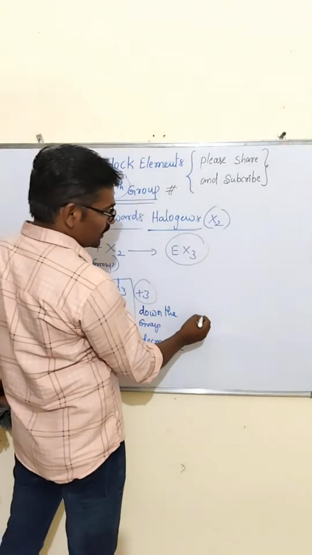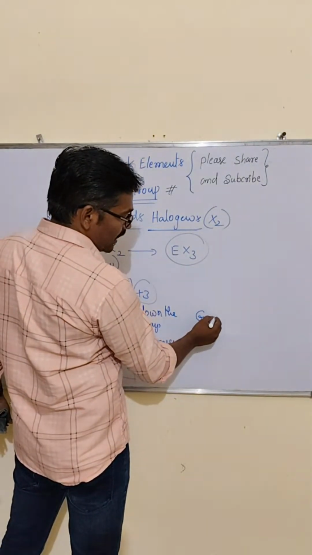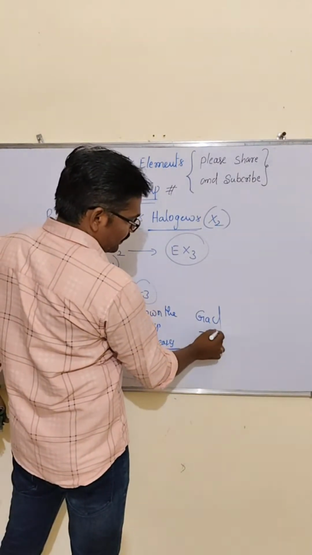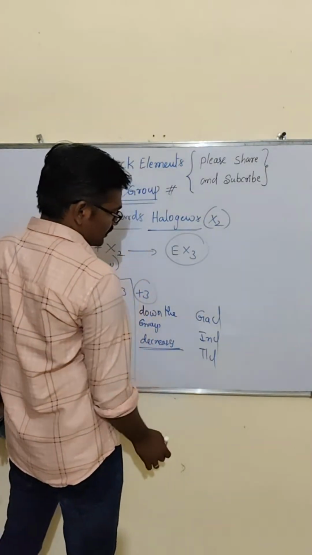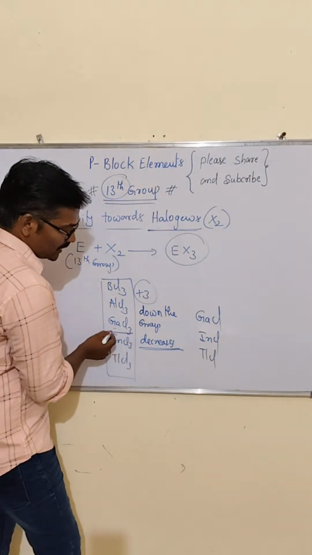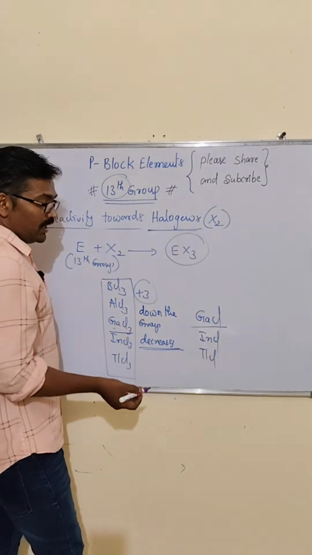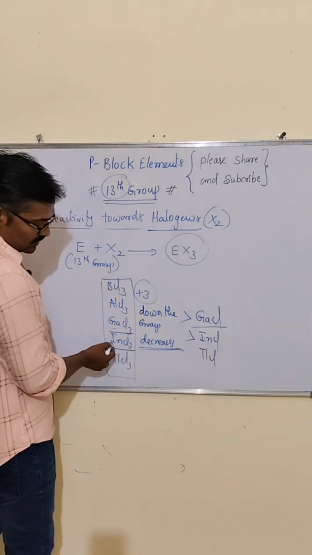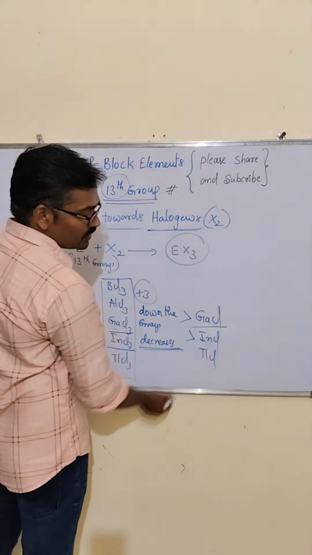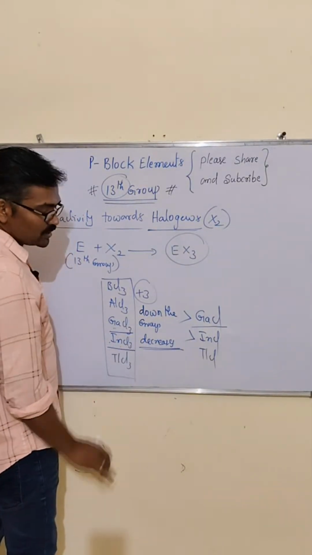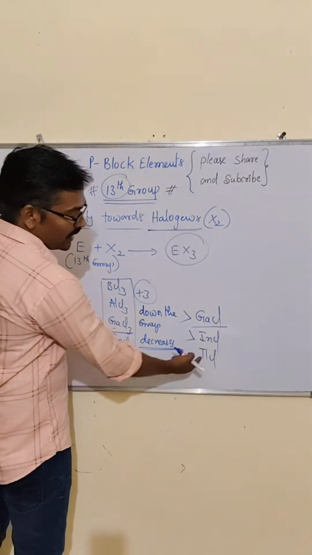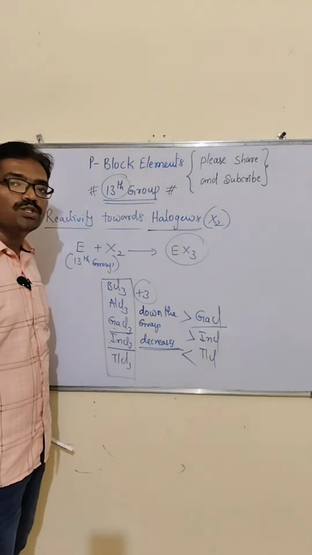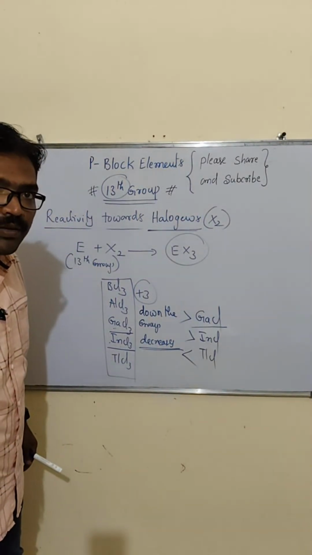Comparing GaCl3 and GaCl, GaCl3 has greater stability. Indium trichloride is more stable than indium monochloride. Between thallium trichloride and thallium monochloride, thallium monochloride is the most stable. Understand all of you? Yes.